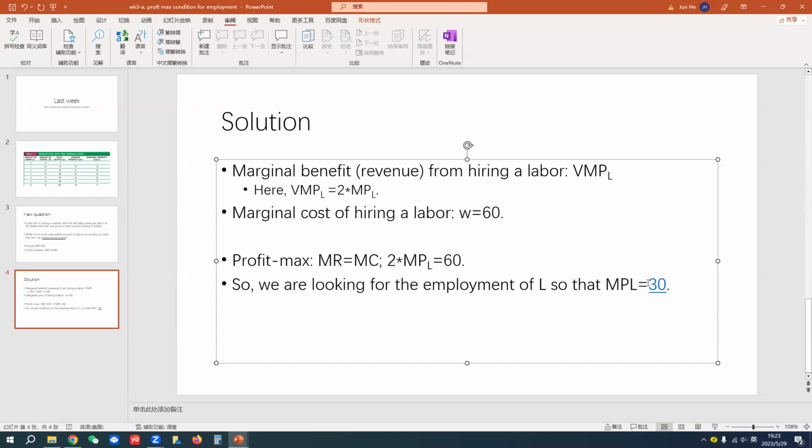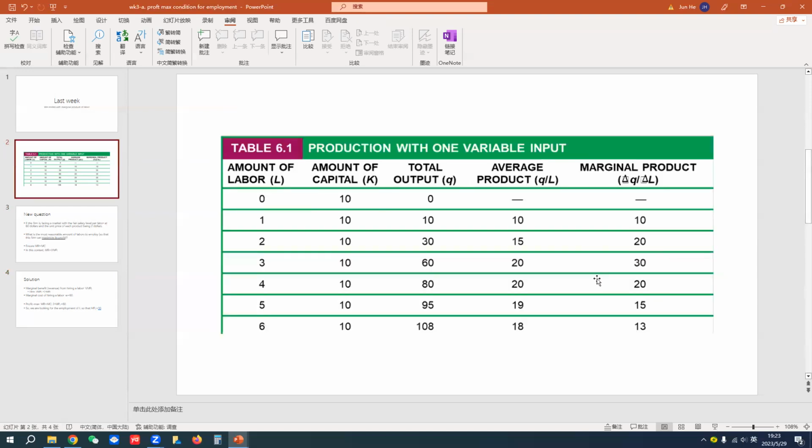And how can we utilize this 30 to help us figure out the optimal, profit maximizing level of employment of labor? Well, you know MPL equals 30. You go back to this chart. Well, MPL is here, 30.